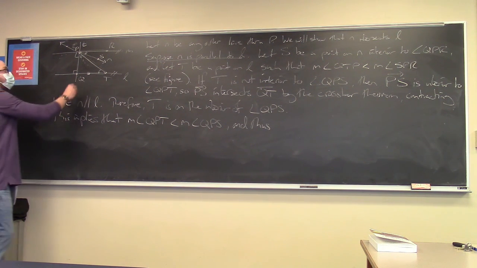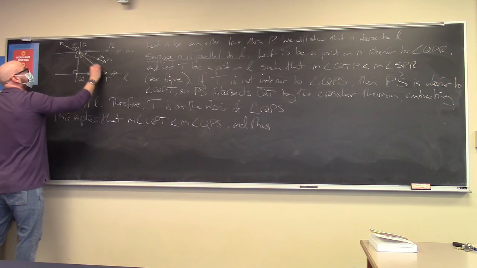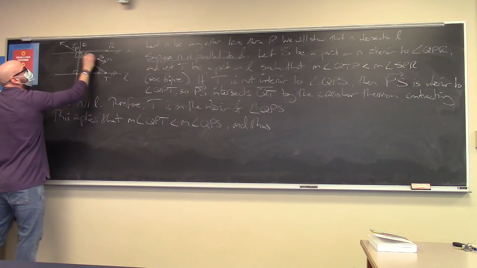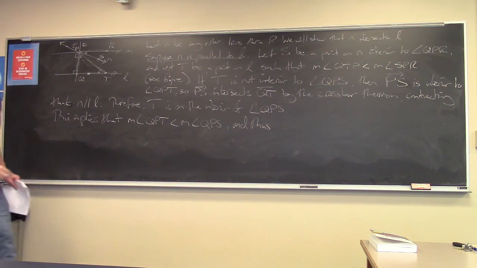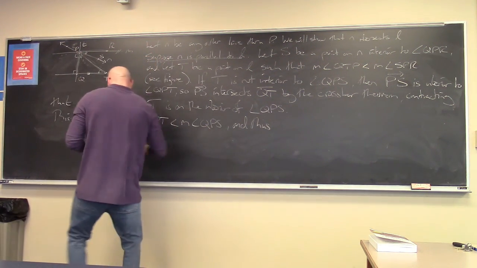Do you believe that? Everything looks like it does in this picture, so this angle here should be less than this angle here, because PS lies on the outside of this triangle. Nothing too fancy.